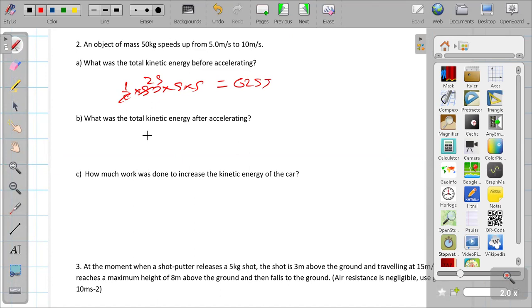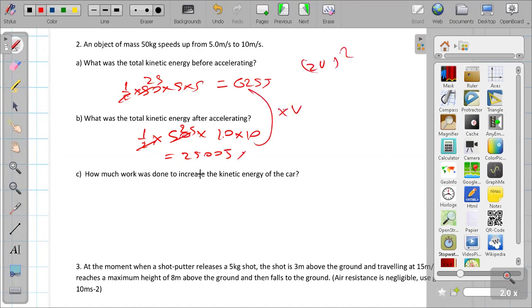What is the kinetic energy after accelerating? Half times 50 times 10 times 10, 25 times 100, 2500. See, it is 4 times the multiplication. Why? Because it is (2v) to the power 2.